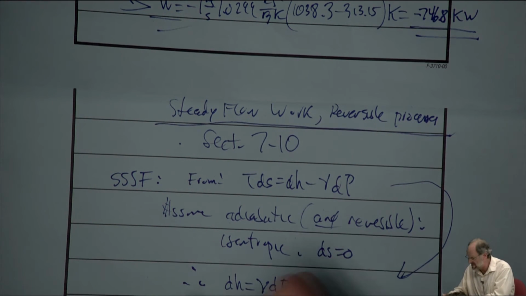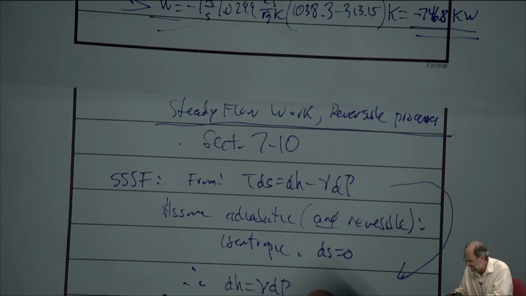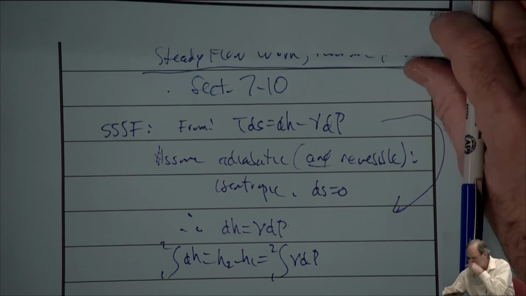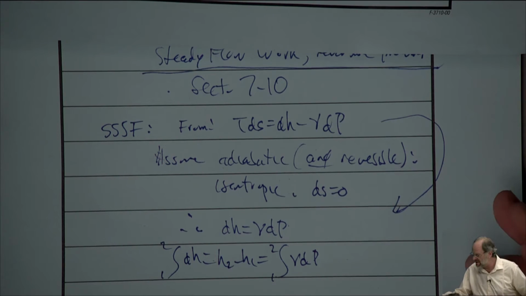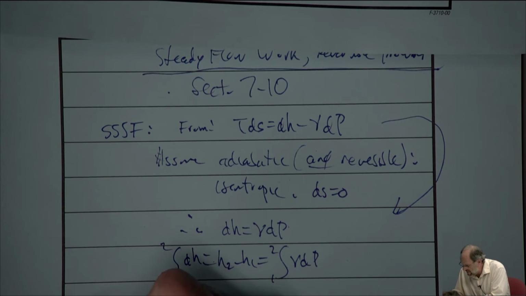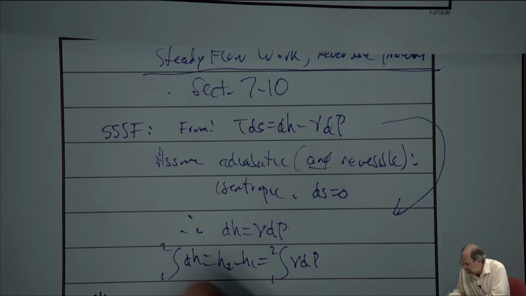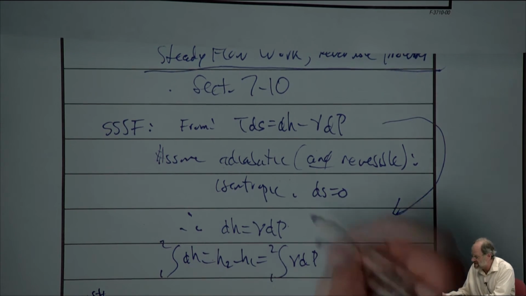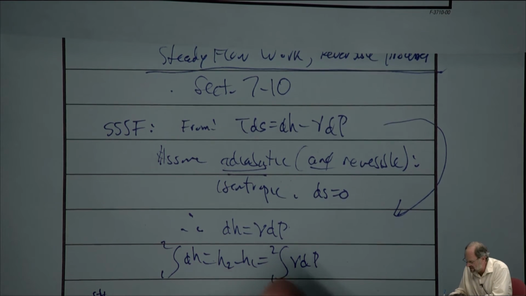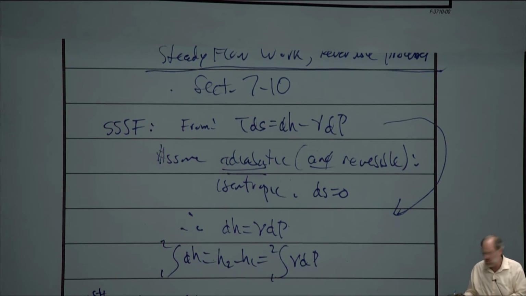Now, what if I integrate this over, let's say, a steady flow process from some inlet to some exit? So H2 minus H1 just equals the integral of VdP from 1 to 2. Now, if you think about it, isn't this enthalpy change just part of the first law equation for this type of process? So from the first law, again, we're dealing with a single stream steady flow process, and again, we've assumed that it's adiabatic and reversible. Then we basically have Q minus W, and I'm just writing it on a per unit mass basis.